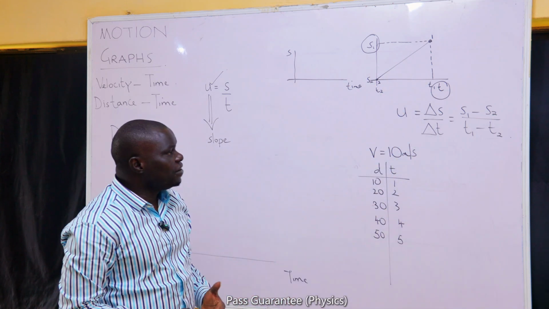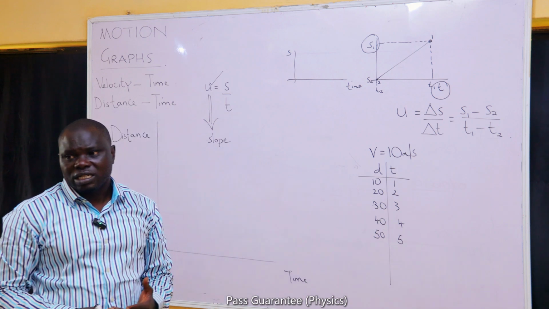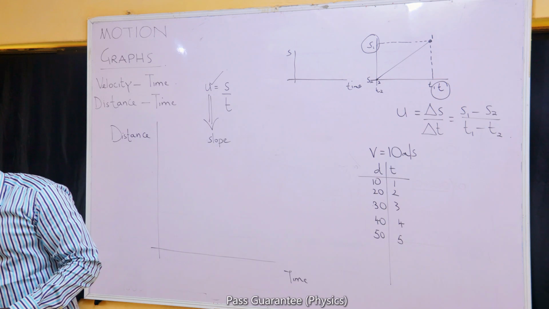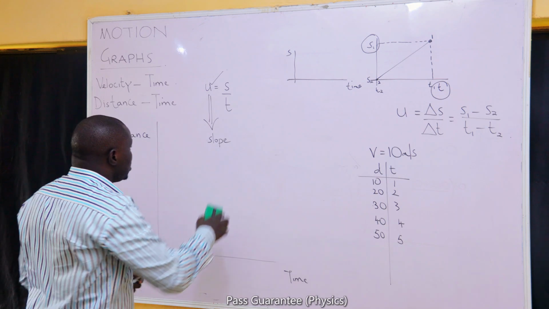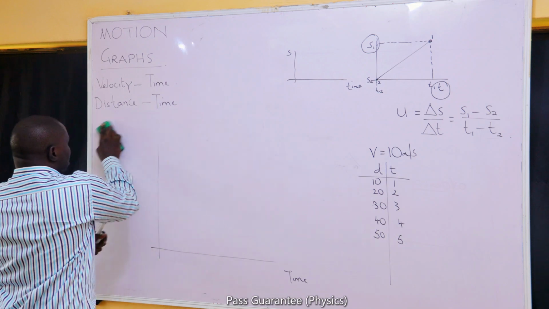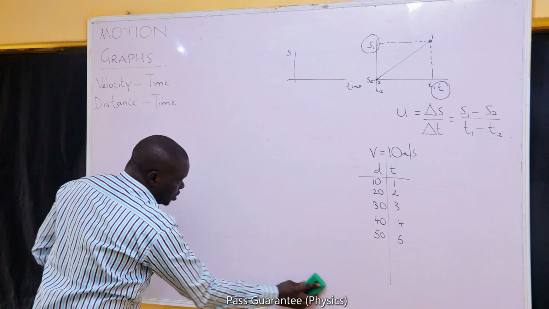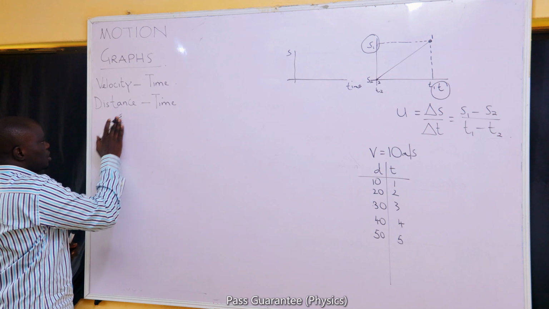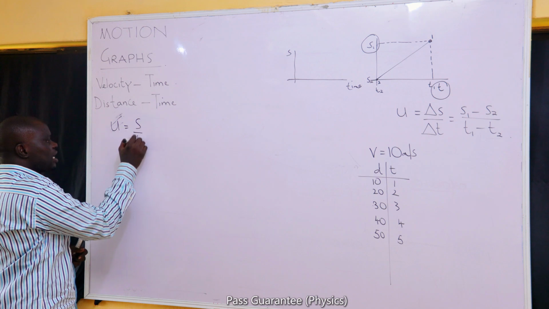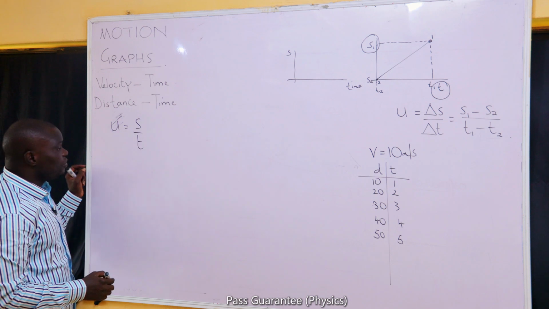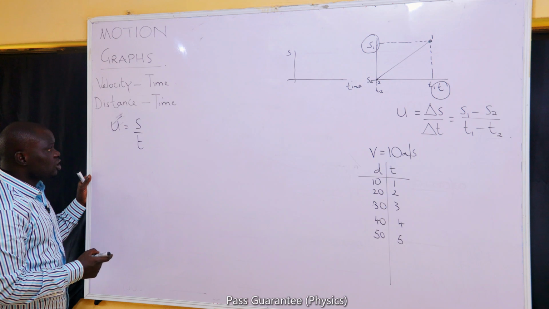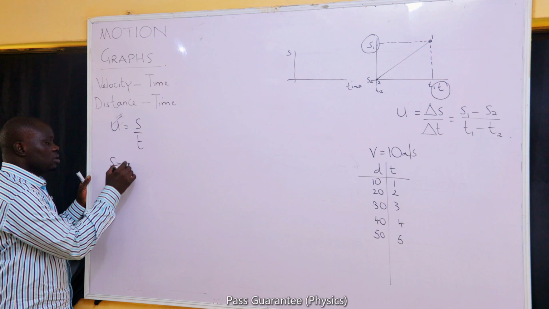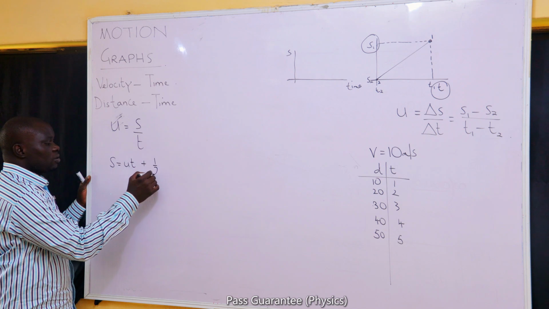But when the object's velocity is non-uniform, it means that there is now an acceleration. And if there's an acceleration, the speed is not just going to be distance all over time. This is what you have if there's no acceleration. If there's an acceleration, the relationship between distance and time is s is equal to ut plus half at squared.